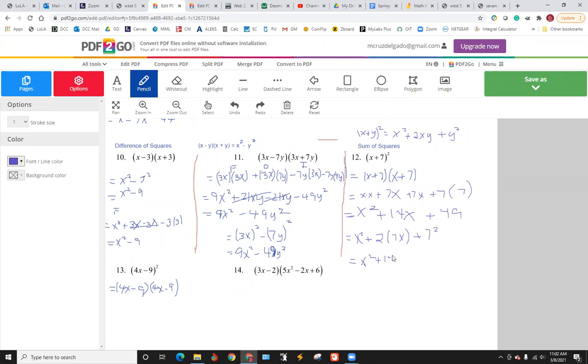Same thing. The reason why you can do that on these is because they're going to follow that pattern. The other ones, the ones that weren't these special forms, there's no way to determine what they're going to be. But with these, they're following that form because we're squaring.